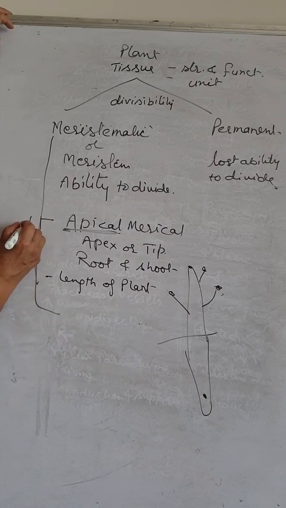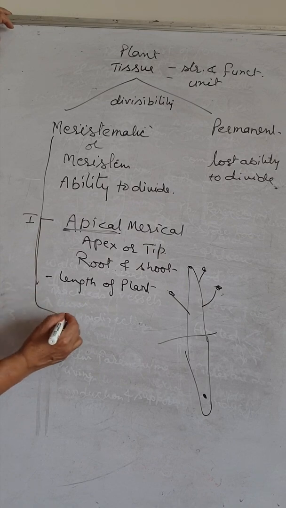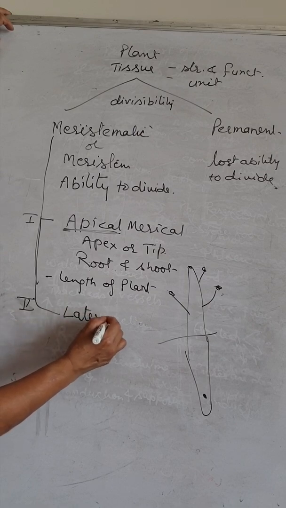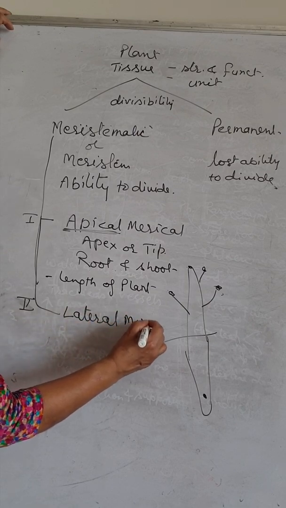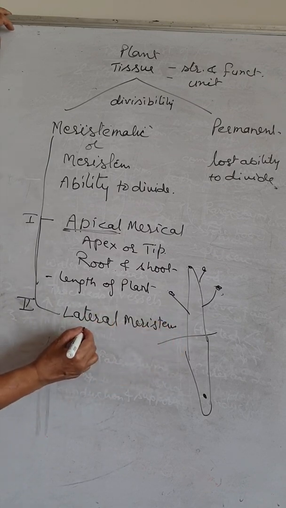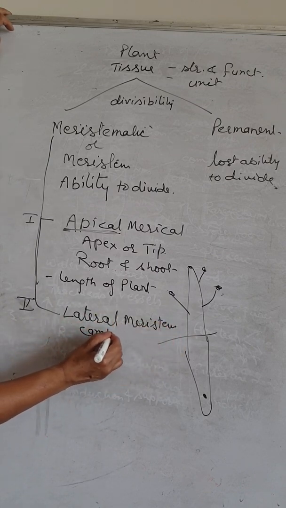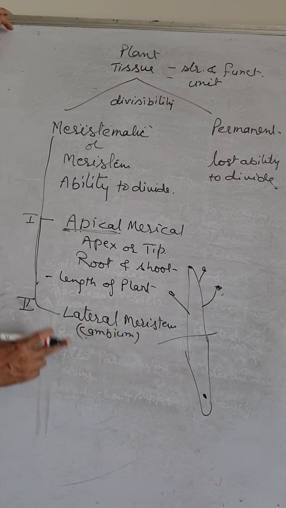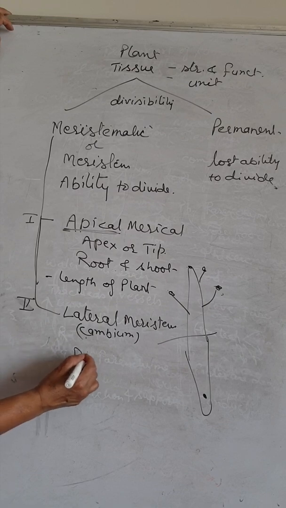The first one is the apical meristem. The second one is the lateral meristem. Lateral means the side. Lateral meristem is also called cambium. They increase the diameter of the plant.